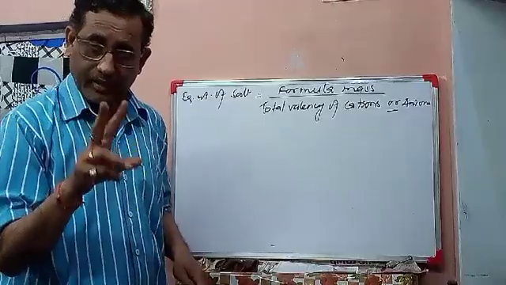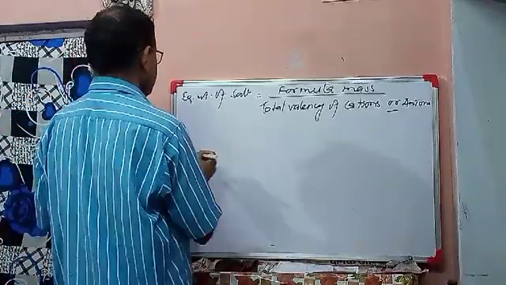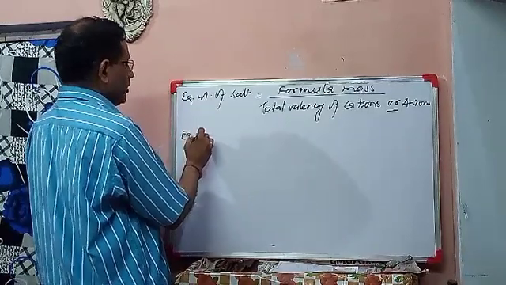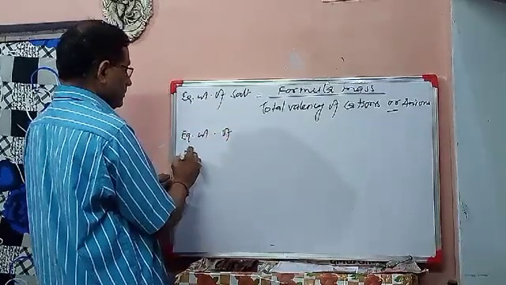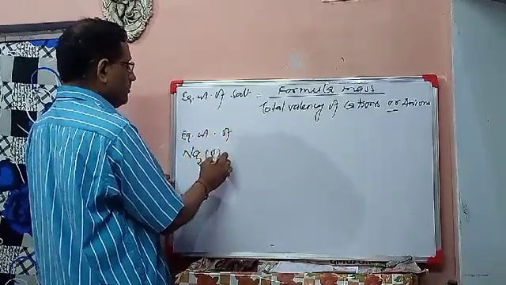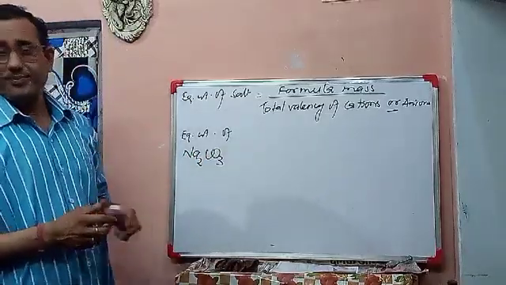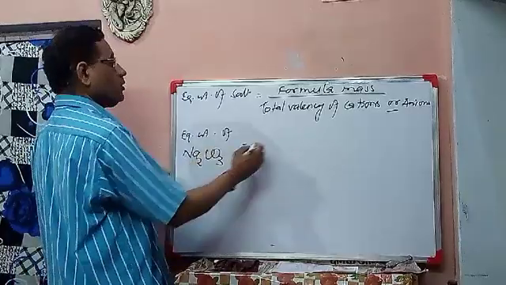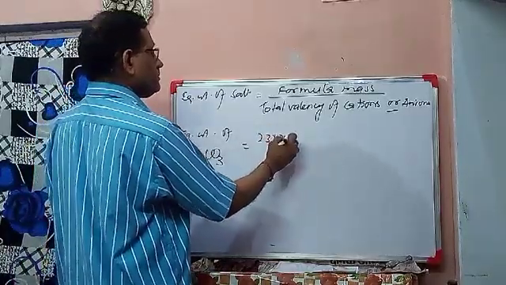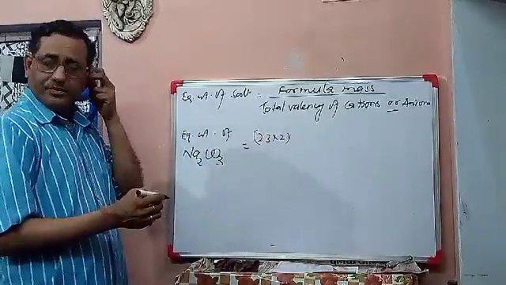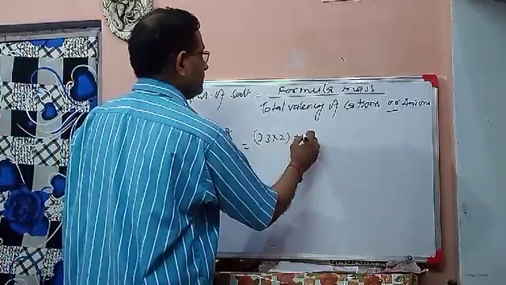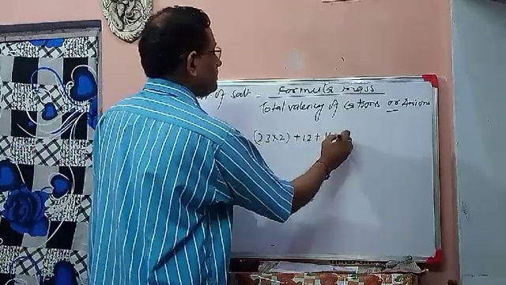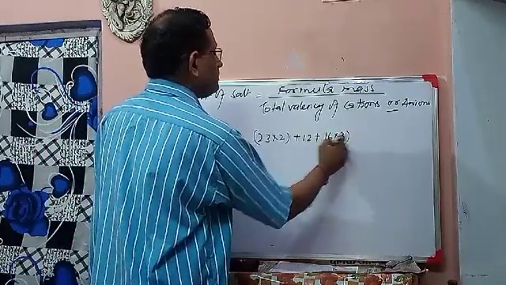You take any one, cation or anion. Example: equivalent weight of sodium carbonate. For sodium, you know, 23 atomic weight. For carbon, 12. For oxygen, 16.